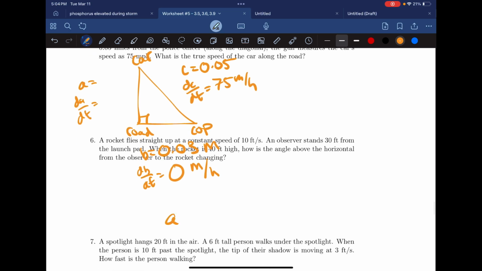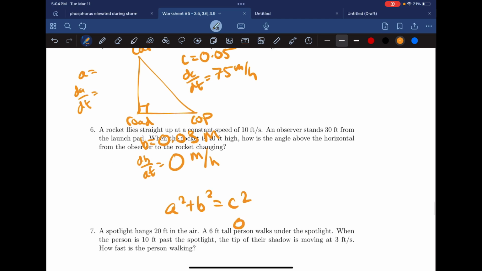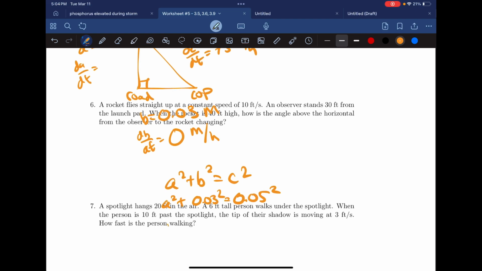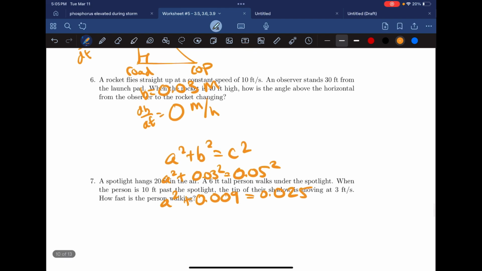So A squared plus B squared equals C squared. So we know our C is 0.05. We know our B is 0.03. And we don't know our A squared yet, but we're going to figure that out. So it's going to be A squared plus 0.0009 equals 0.0025. So then we're going to subtract 0.0009 to get A squared by itself.